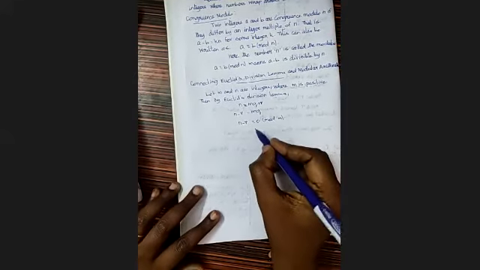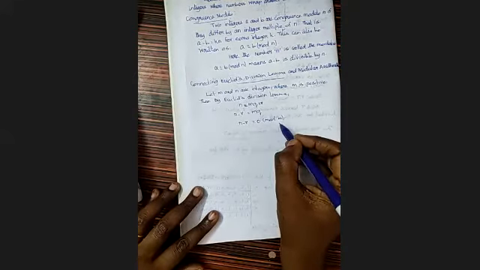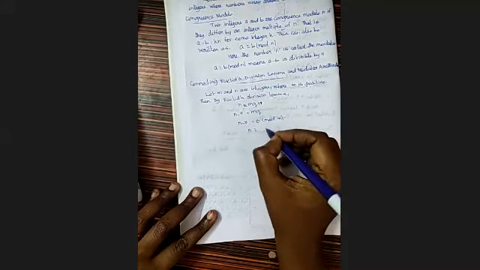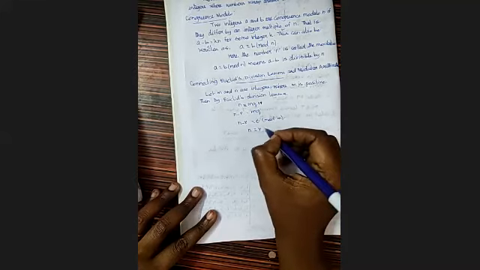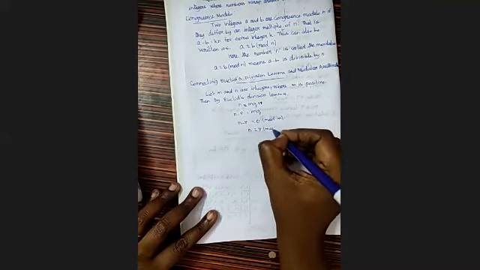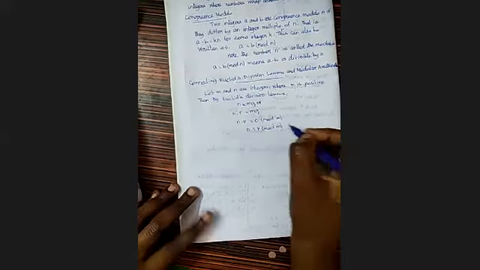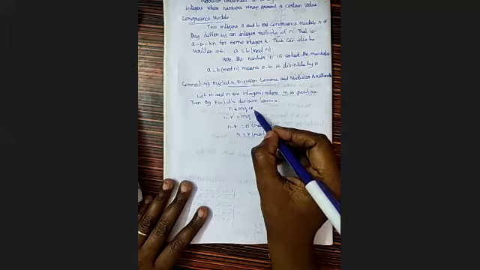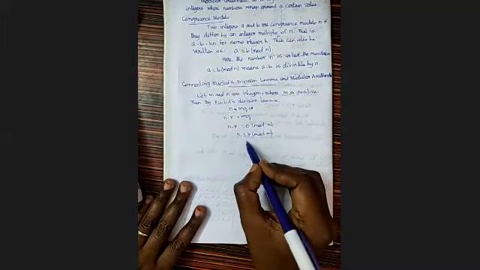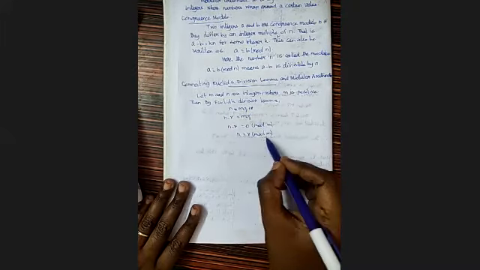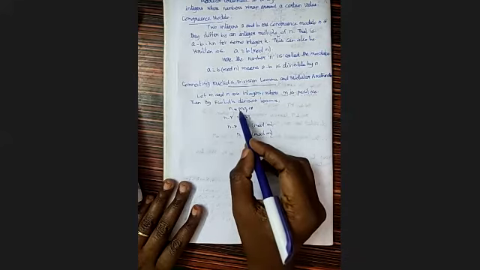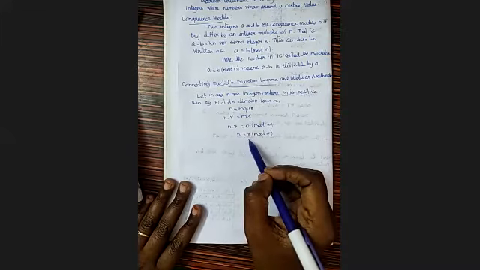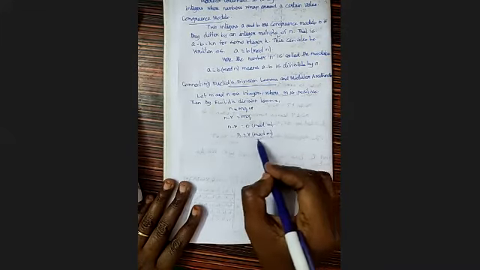Bringing the minus r to the other side, n congruent to r modulo m. Hence the equation n equal to mq plus r in Euclid's division lemma can also be written as n congruent to r modulo m. So Euclid's division lemma is connected with modular arithmetic.